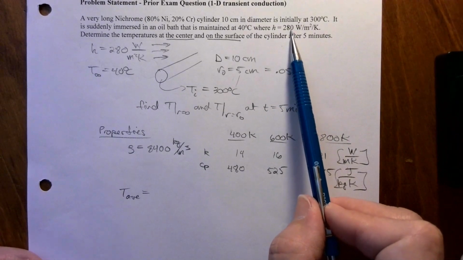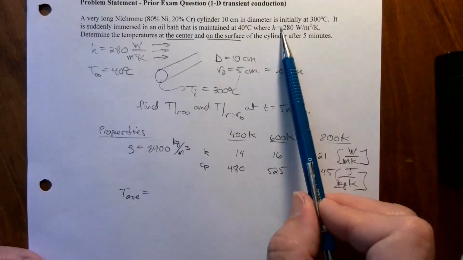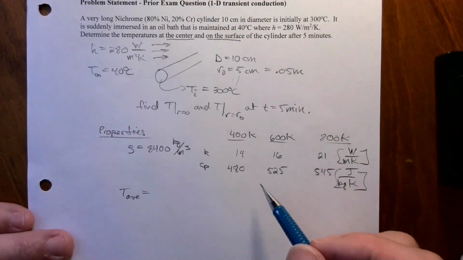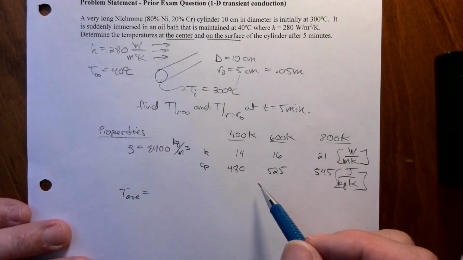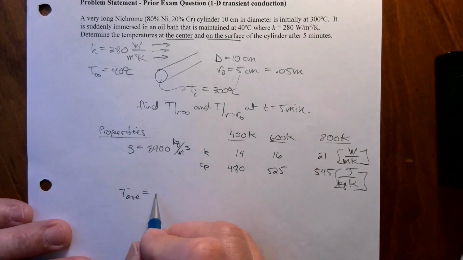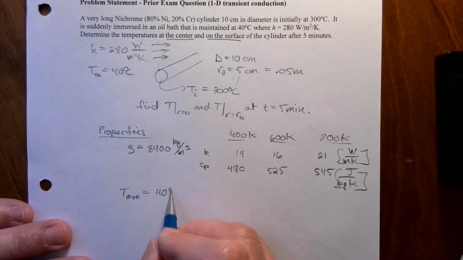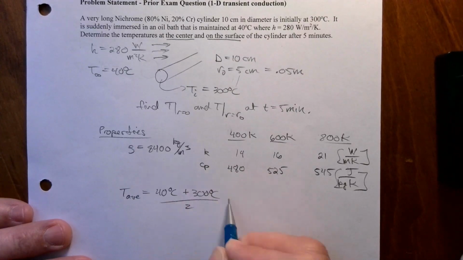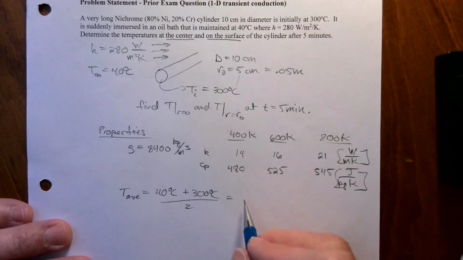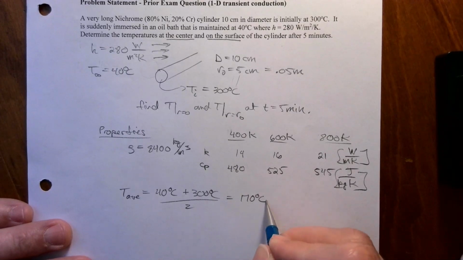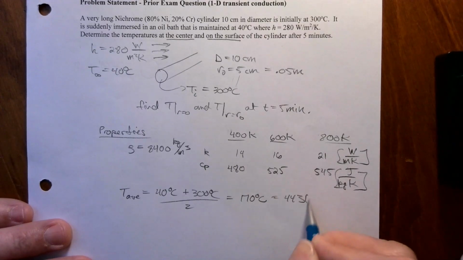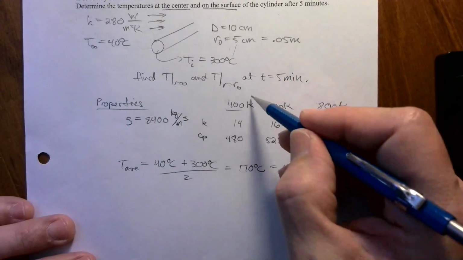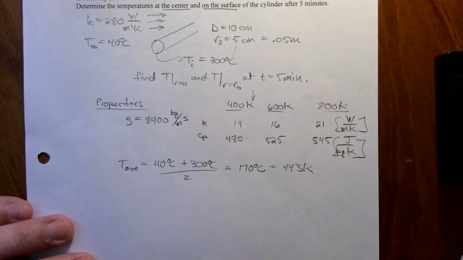We could iterate and do an average, evaluate what those temperatures are, and then repeat an average and do it maybe one more time. But I think it's okay to just use the average of 400 degrees C and the 300 degrees C. So this comes up to be 170 degrees C or 443 K. Alright, so we need to interpolate at 443 K somewhere here.